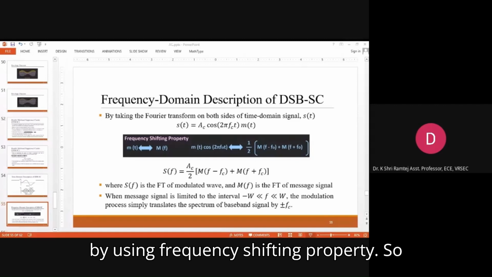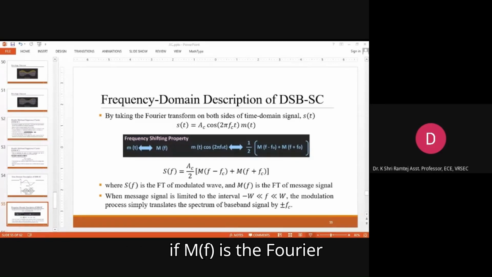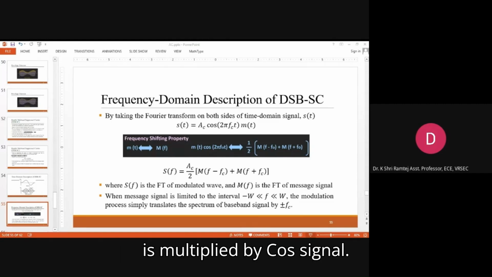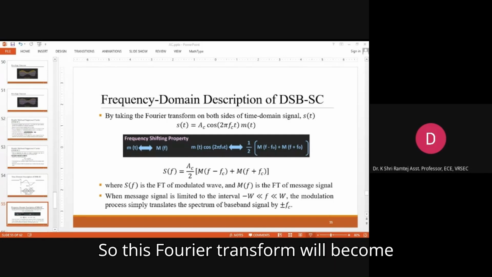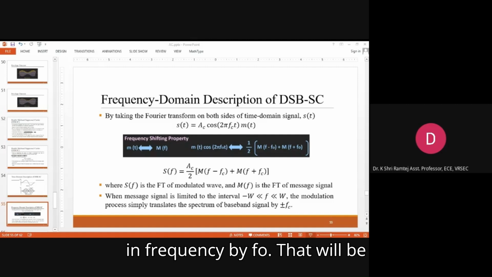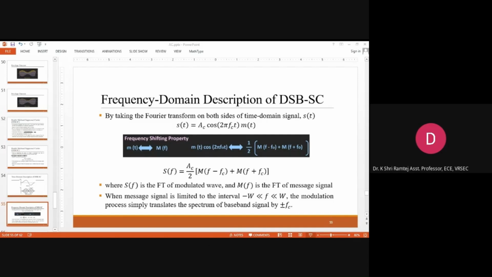So by using the frequency shifting property, if M of f is the Fourier transform of the message signal, when it is multiplied with the cos signal, this cos can be expressed as e power minus j 2 pi f naught t plus e power j 2 pi f naught t. So this Fourier transform will become the baseband spectrum shifted in frequency by f naught. So it will be 1 by 2 M of f minus f naught plus M of f plus f naught.